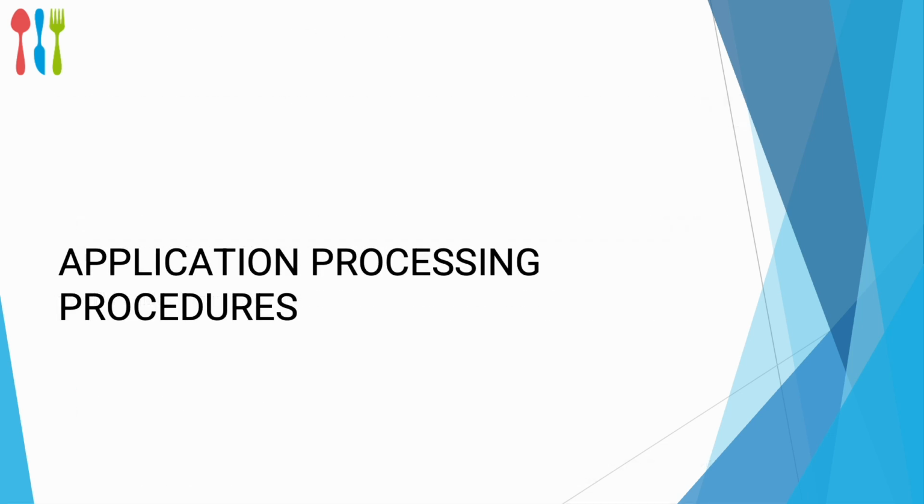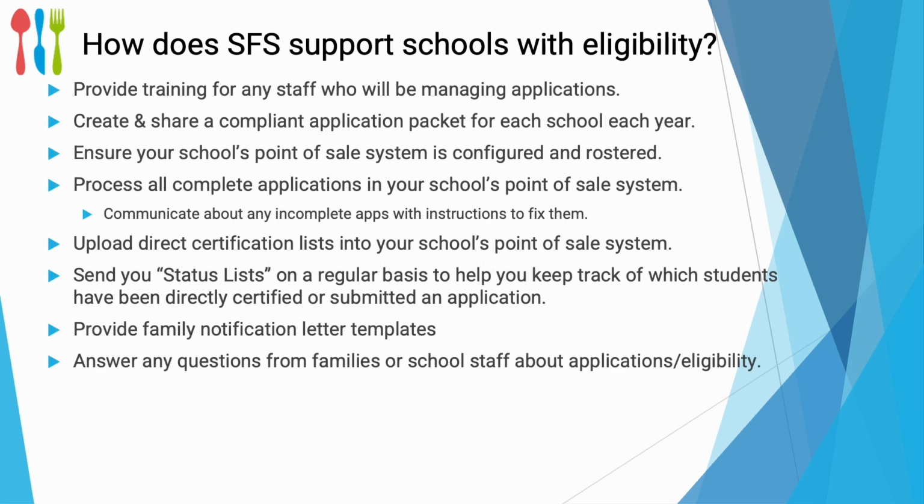All right, let's talk about application processing procedures. School Food Solutions does a lot to manage the eligibility for your school. So we provide this training for any staff who are going to be dealing with applications. We create and share the universal benefit application packet for your school that's already ready to print and give to your families.